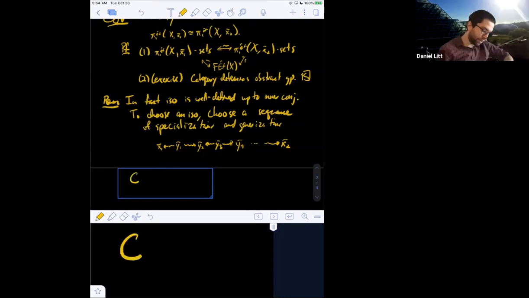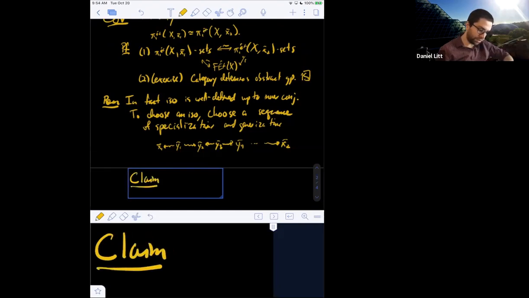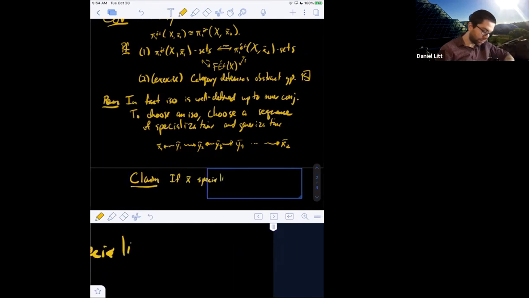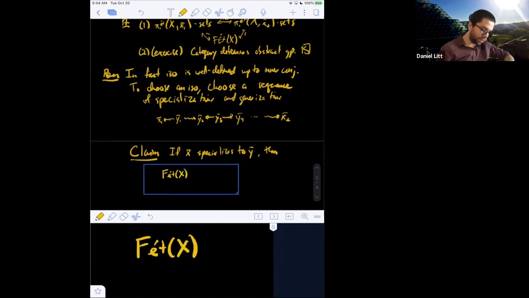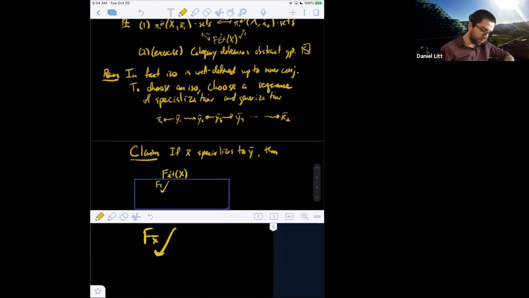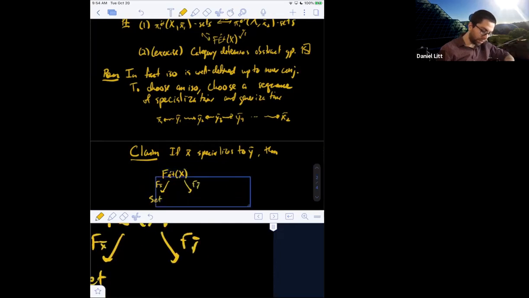Yeah. So given this, having chosen this, the necessary claim is that if x bar specializes to y bar, then you have a diagram as follows: finite étale x, then we have the fiber over x bar, the fiber over y bar, and a map like this, making the diagram commute.